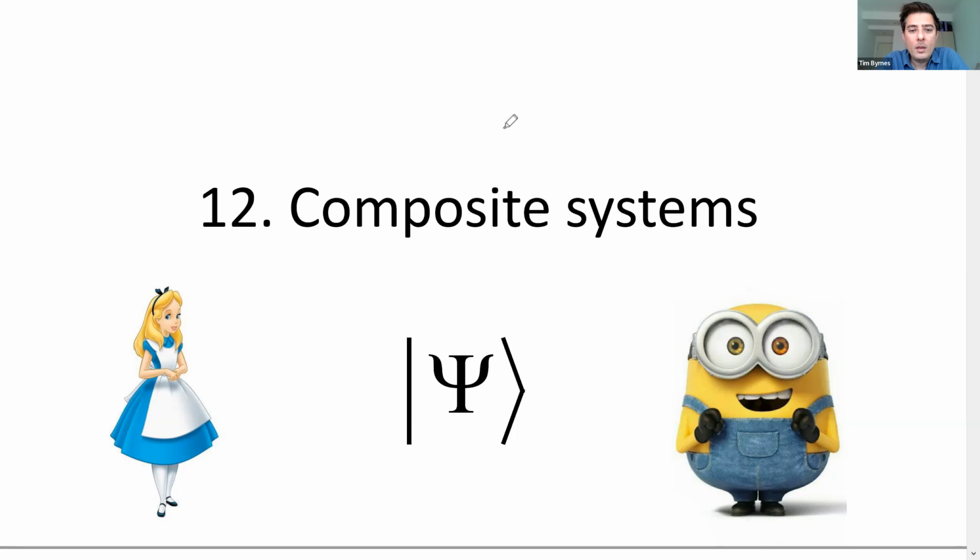But in this case, we're going to look at multiple quantum systems. And in fact, this is what really gives the power of quantum mechanics, because what you'll see is that when you have many systems, the size of the vector space actually grows exponentially. But we'll get onto that in a minute.